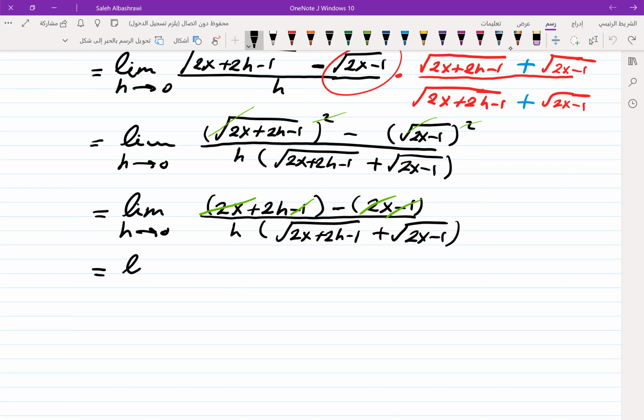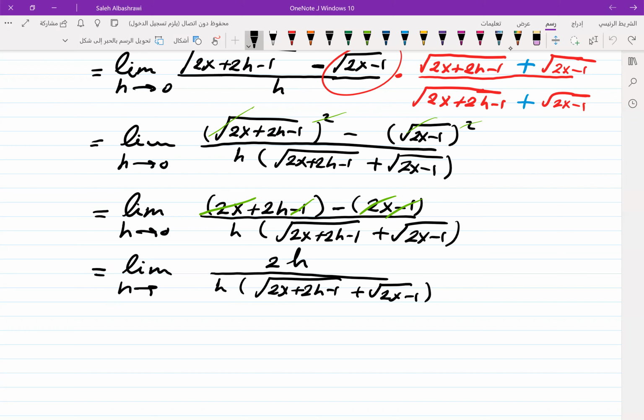So this is the limit of 2h divided by h multiplied by square root of 2x plus 2h minus 1 plus the square root of 2x minus 1, where h goes to 0. And it is very clear that h is a common factor between the numerator and the denominator. So this h will cancel this h.